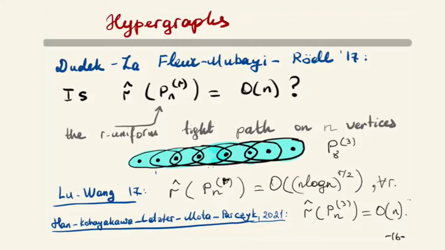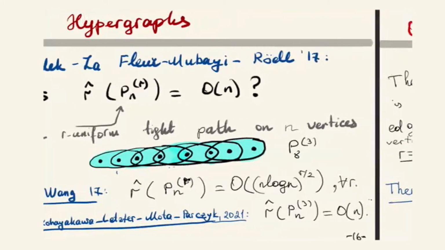And then Han, Kohayakawa, Letzter, Mota, and Parczyk, this paper just, I think, got published. They show that for uniformity 3, the size Ramsey number of the tight path is actually linear. And then there was nothing else for all other uniformities, really.